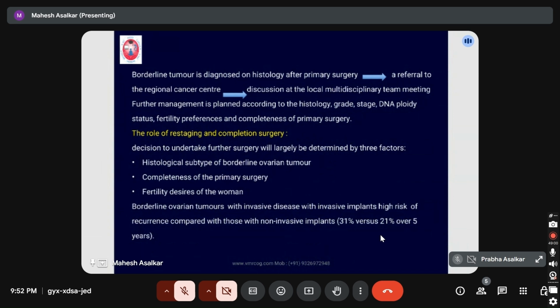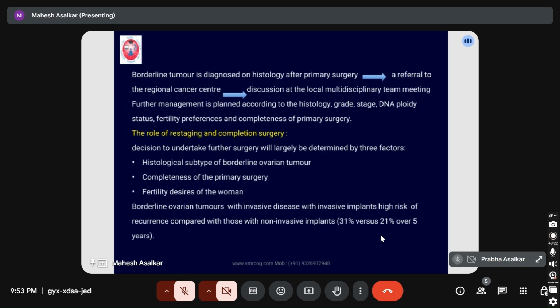Then there will be an MDT meeting, that is a multidisciplinary team meeting, and they will take into account the histology, the grade, the stage, the DNA ploidy. All these factors will be taken into account, along with patient related factors such as fertility concern and how complete the primary surgery was, and then the further decision will be taken.